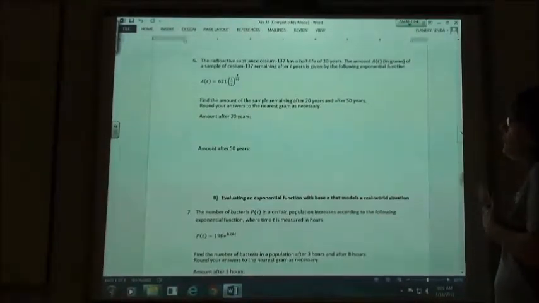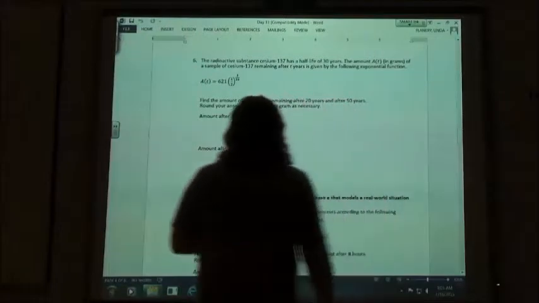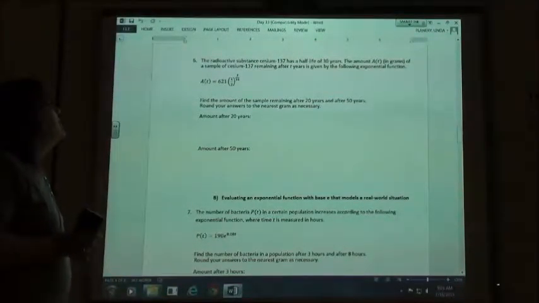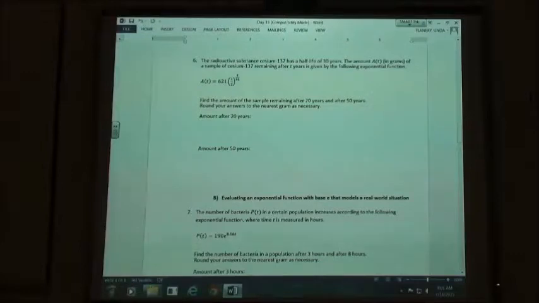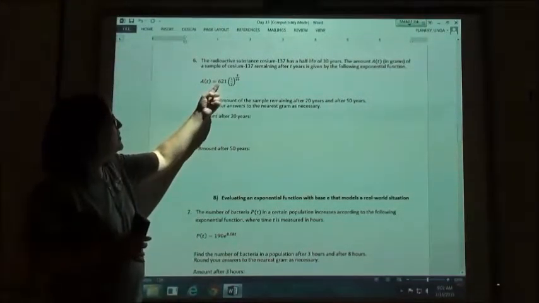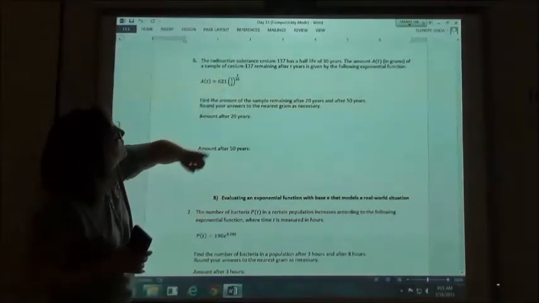So number 6, the formula looks sort of the same thing. It says a radioactive substance, cesium-137, has a half-life of 30 years. The amount A of T in grams of a sample of cesium-137 remaining after T years is given by the following exponential function. So again, we are starting with 621 grams.